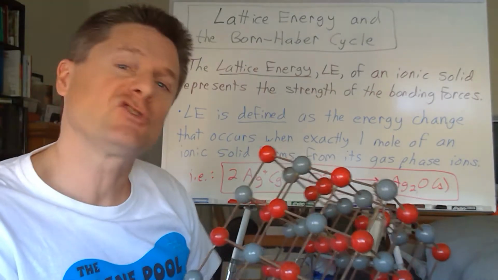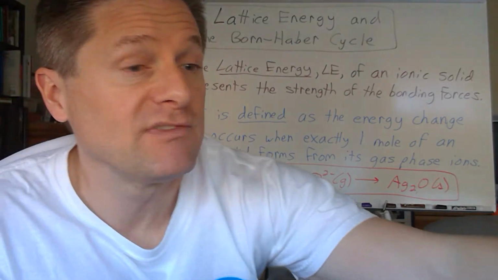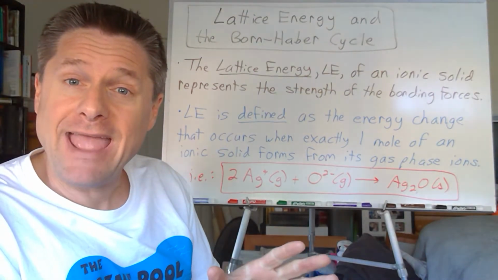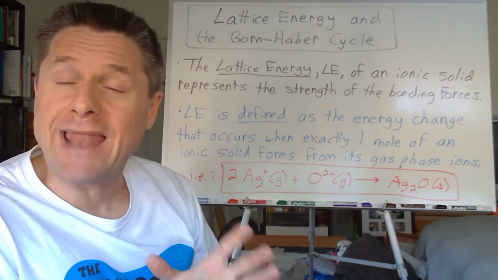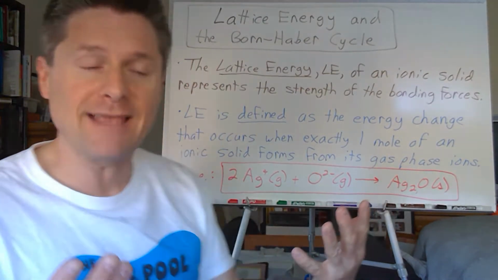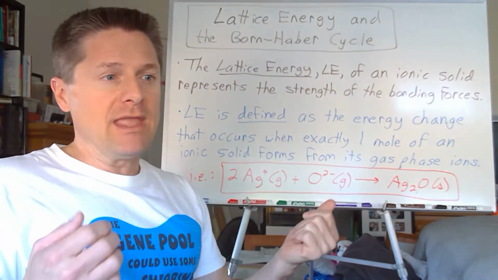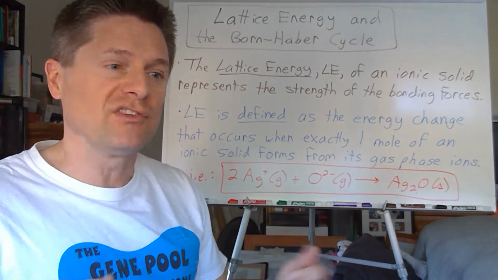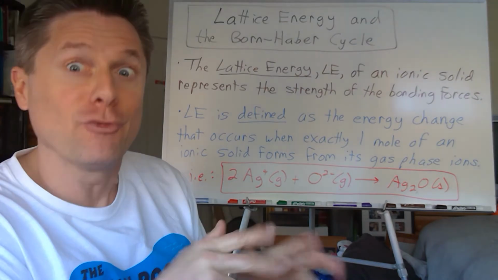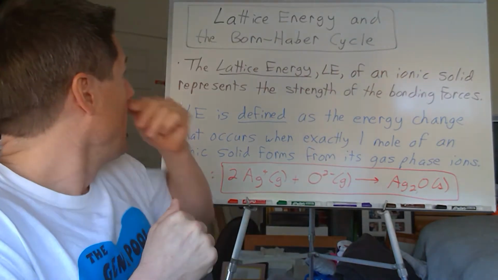It gives us a nice quantitative number, outside of Coulomb's law. So we're going to define lattice energy, and then look at ways we could actually calculate it, so we could compare two different ionic solids and say which has the stronger ionic forces or the greater lattice energy. We're going to find out they're exothermic, so the more negative lattice energy.